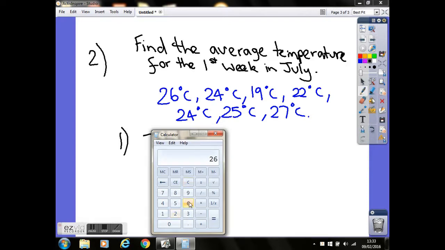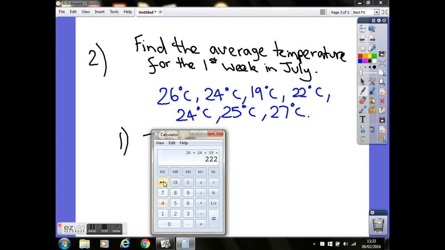So 26 plus 24 plus 19 plus 22 plus 24. Oh, that's messed up slightly.